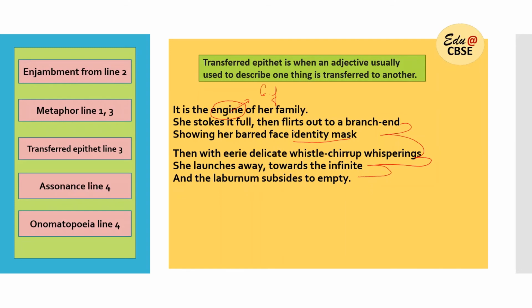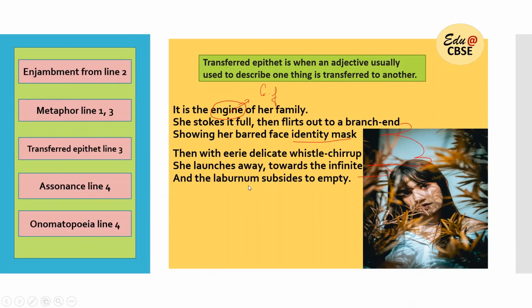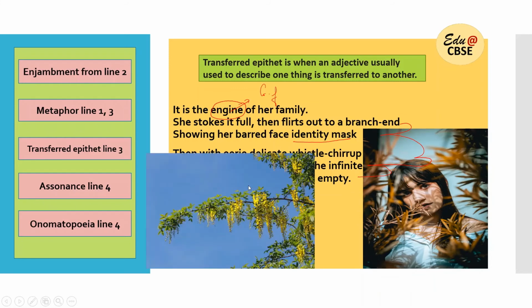I'll explain this with the help of a picture. Here you can see the flowers of the laburnum tree. These flowers hang like bars. If a goldfinch is sitting here, when sunlight falls, it enters through these bars, and a shadow will fall on the face of the goldfinch.